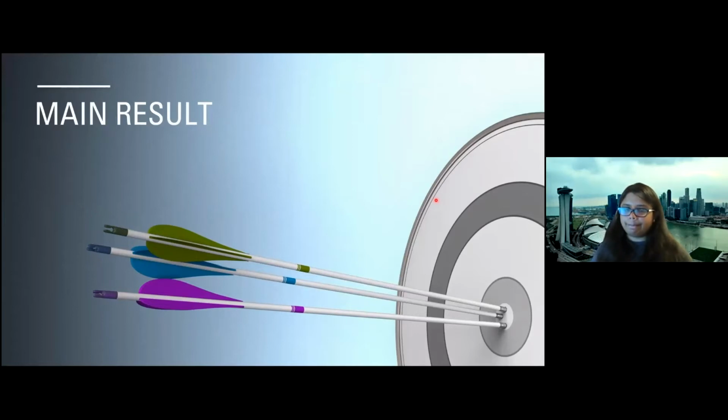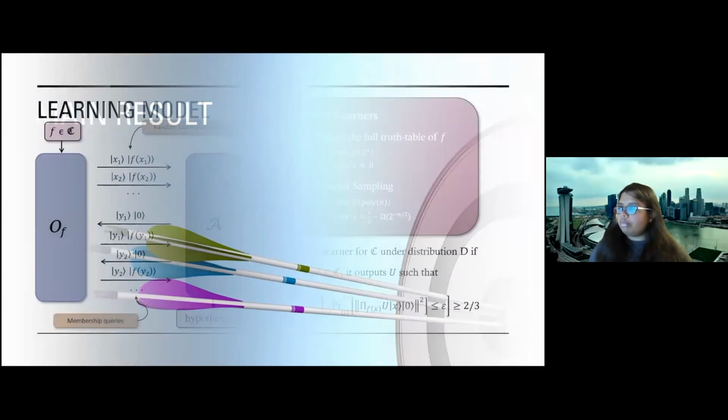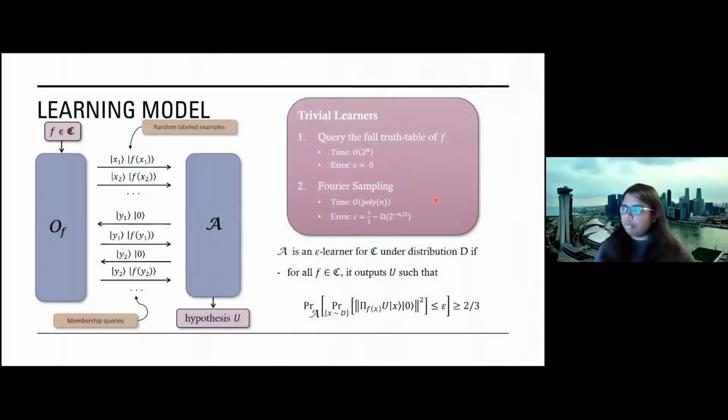Yeah, Aarthi, what was that Fourier sampling learning? So Rahul, essentially what I'm going to do is just do a Fourier transform on the function, and I measure in the Fourier basis. So with some probability, I'm going to get one of the sets that gives me a basis element of the Fourier basis, right?